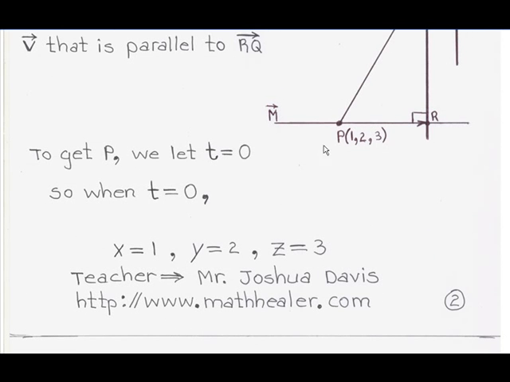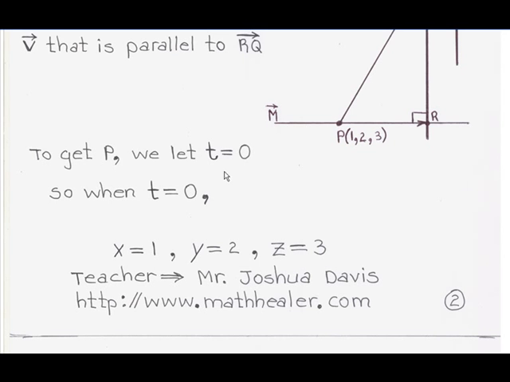Well, the next step, here's how I got point P. To get P, I just arbitrarily decided to let T equal 0. So by letting T equal 0, we got the values that X is equal to 1, Y is equal to 2, and Z is equal to 3.